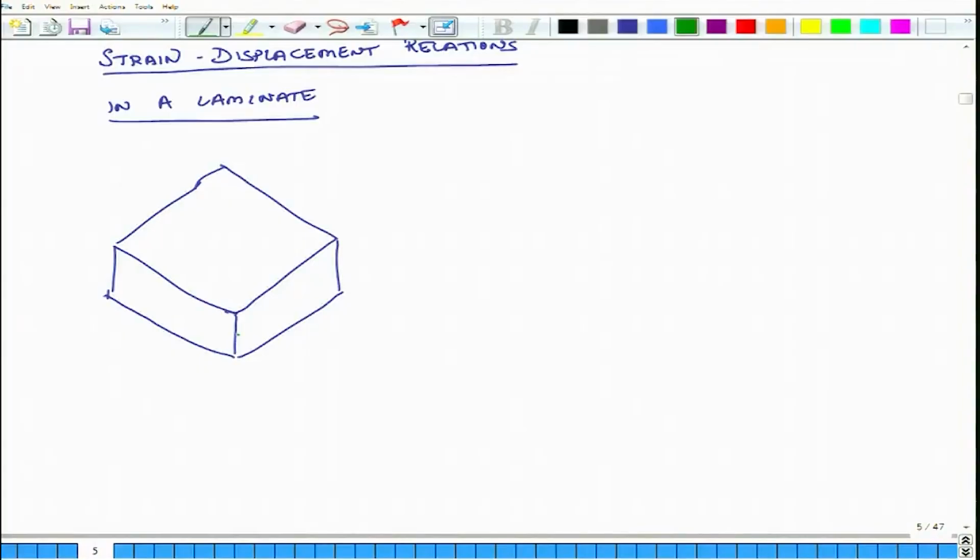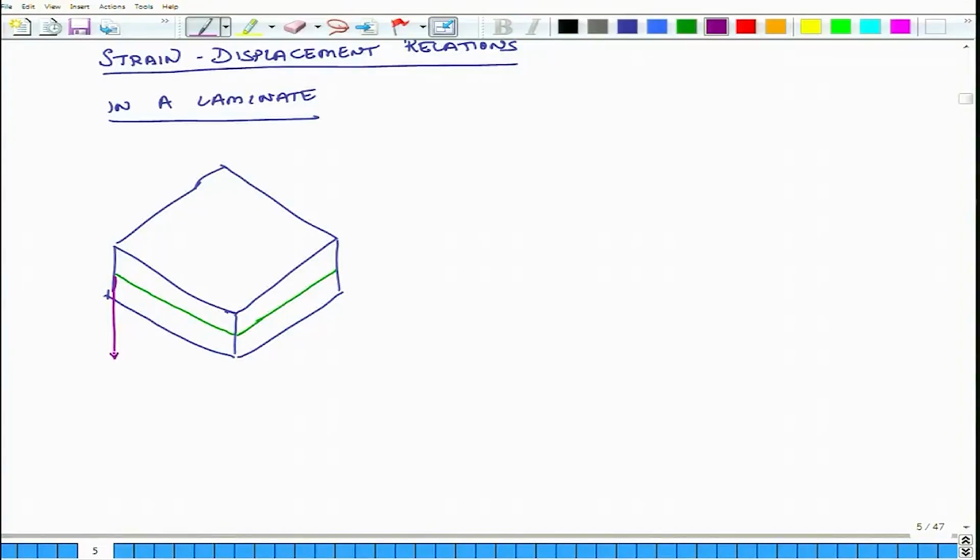I will also draw the mid plane. The plate has uniform thickness, and the green line represents the mid plane. I now draw the coordinate system.